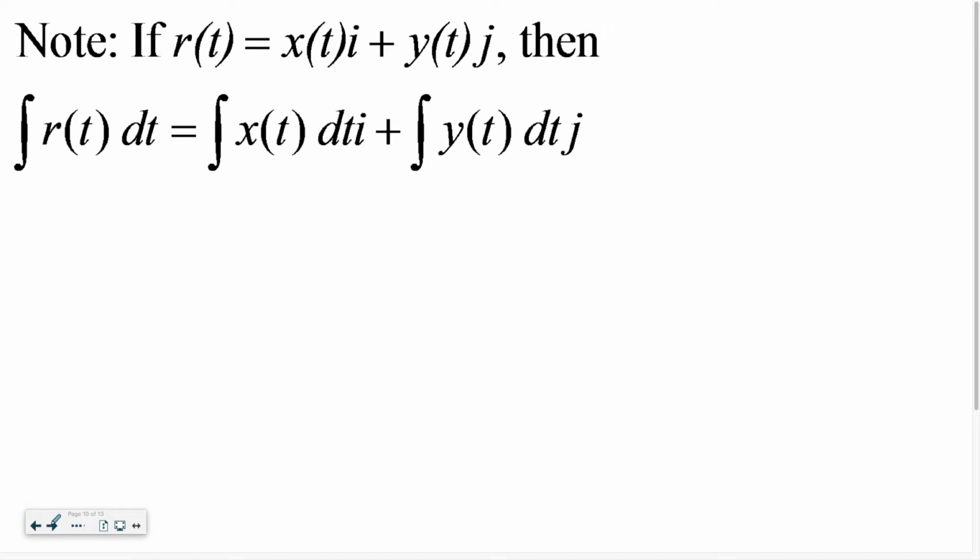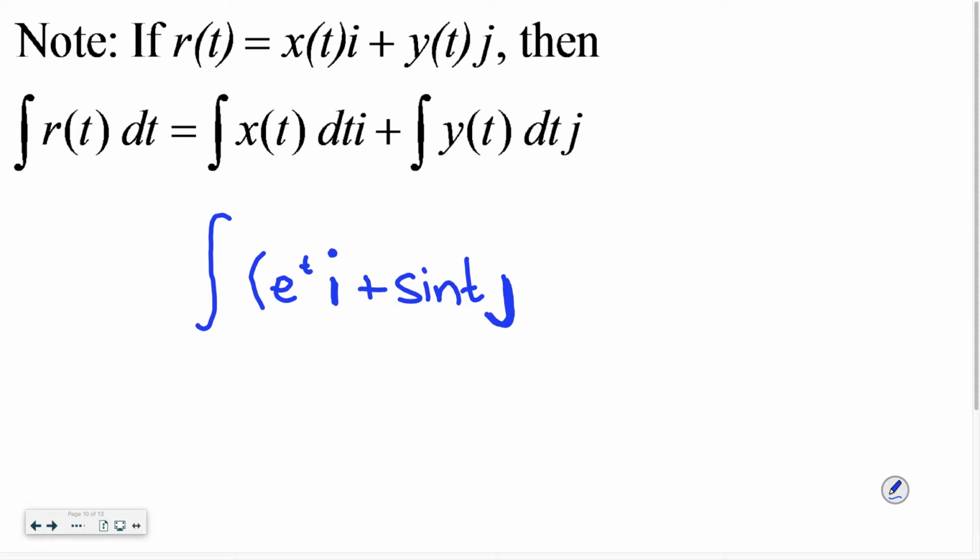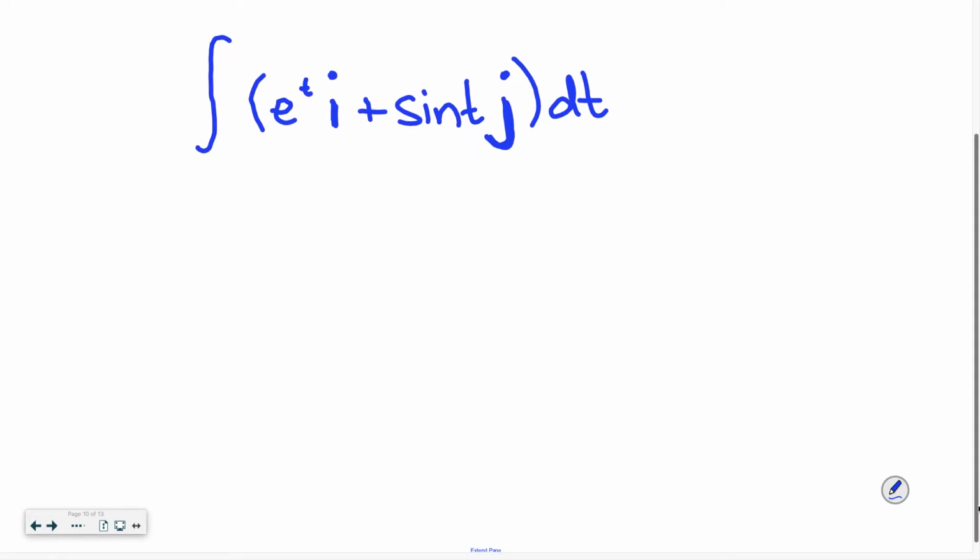Actually, it might be nice to have a class pet. What do we feed this? What do ladybugs eat? Aphids and other bugs. Write it down. Cool. It's a rough one. You doing okay?